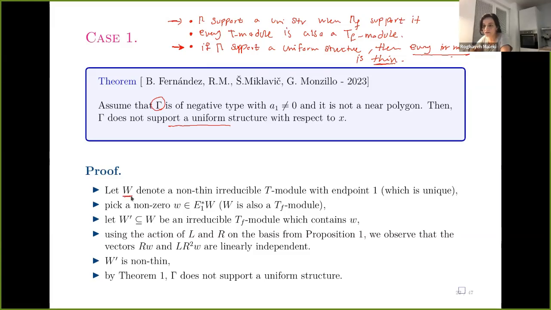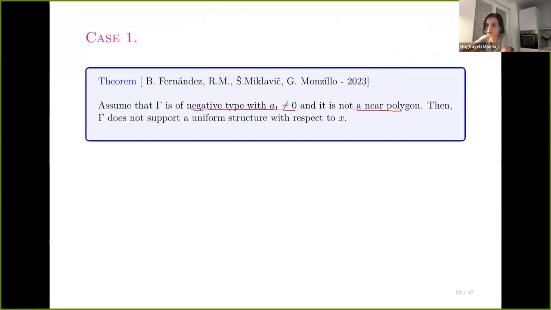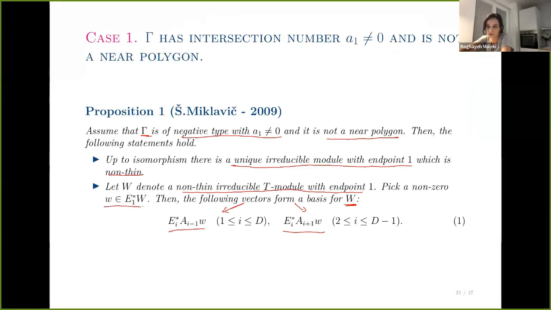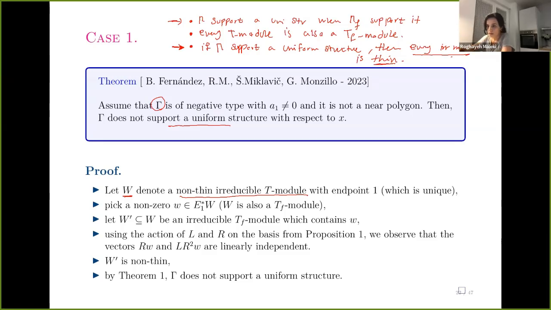So now let's take W to be a non-thin reducible T module with endpoint 1. This type of module exists because of this result by Maleki, and it is unique. So we take such an irreducible T module, and we pick a non-zero vector w in E1 star of W. Here, keep in mind that W is again a TF module because of the fact that I already mentioned before.